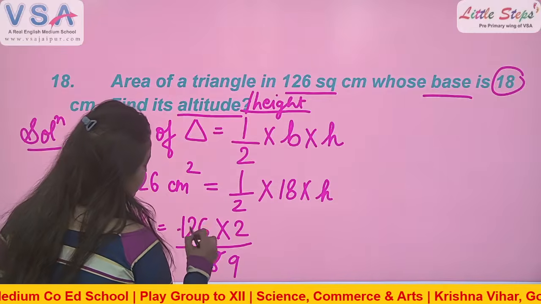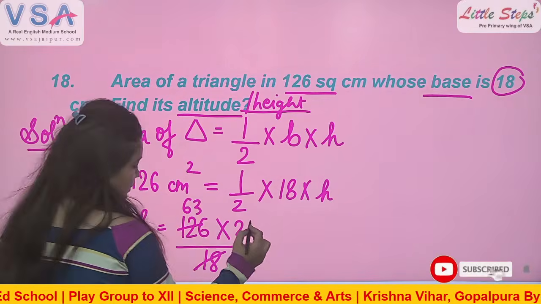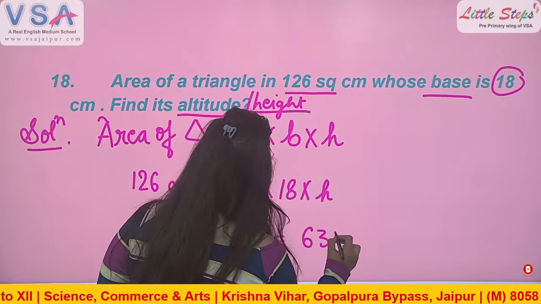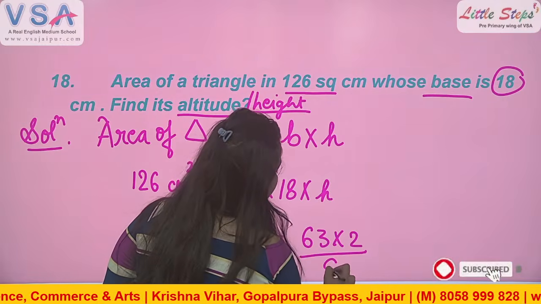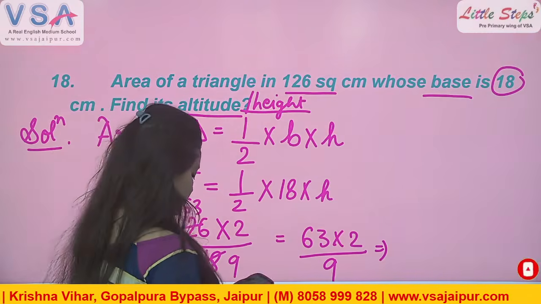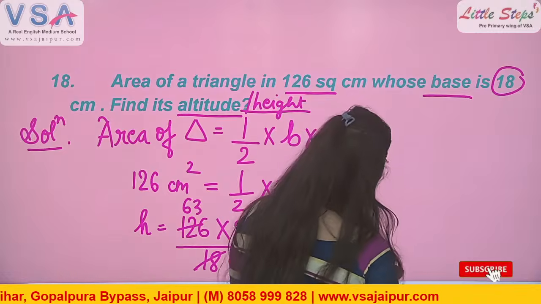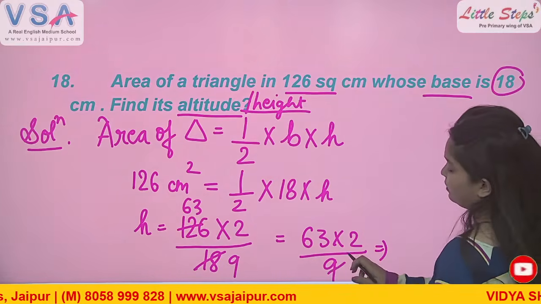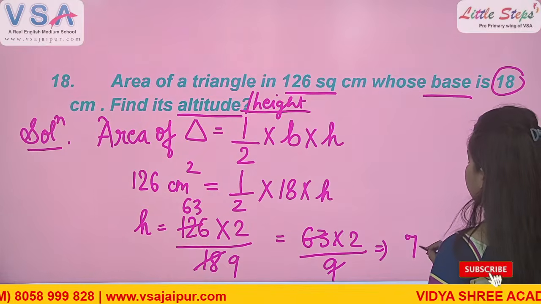From the table of 2 we can do 2 6 the 12, 2 6 2 3 the 6, 63 multiplied 2 by the table of 9. You can cancel it by the table of 9. You can cancel the 63. How many times? 9 की table में 9 7 the 63.